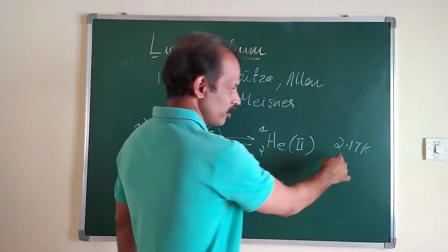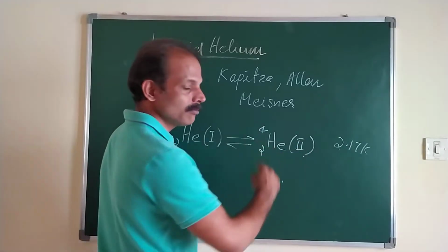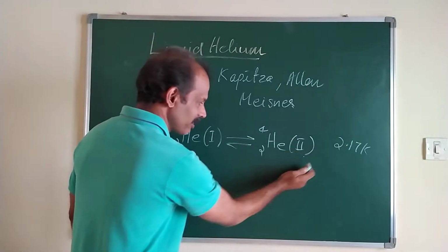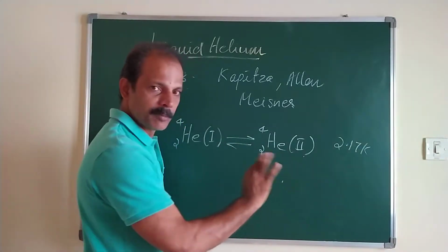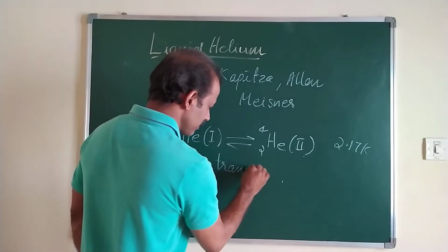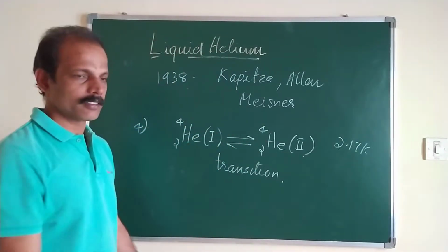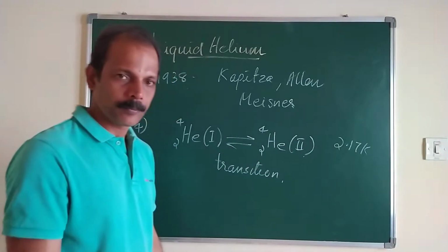That is, below 2.17 Kelvin, helium 1 is converted to helium 2. Above that temperature, helium 2 is converted to helium 1. So that is the transition temperature, where a phase transition occurs, helium phase 1 converting to helium phase 2.